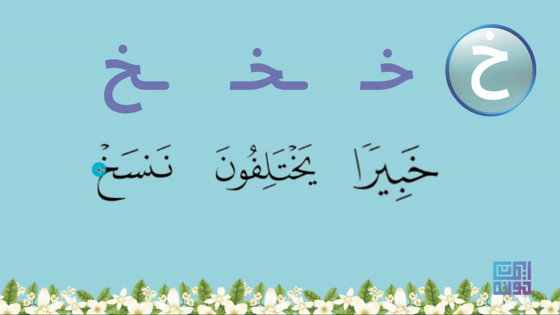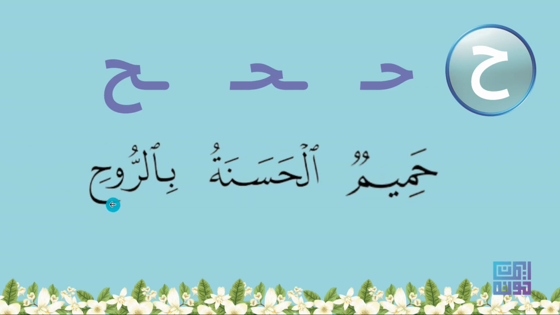Now here the kha is at the end of the word, so it's written complete, right? With a dot above, and it is connected with the letter sin that comes before it, because the letter sin allows connection from both sides. So this is why the sin is connected with the letter kha, but it wasn't in this case.